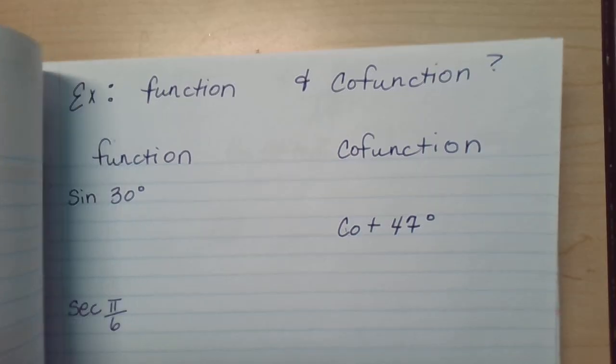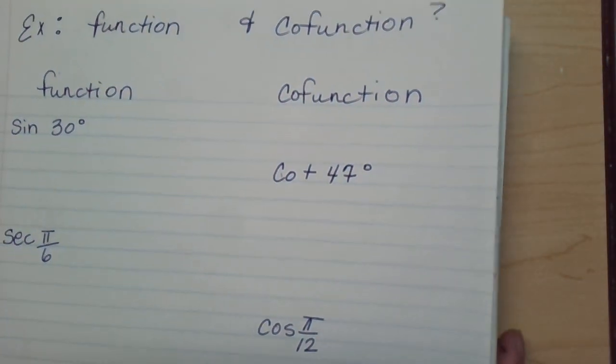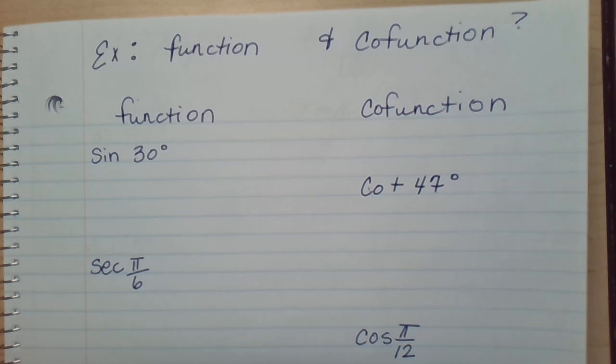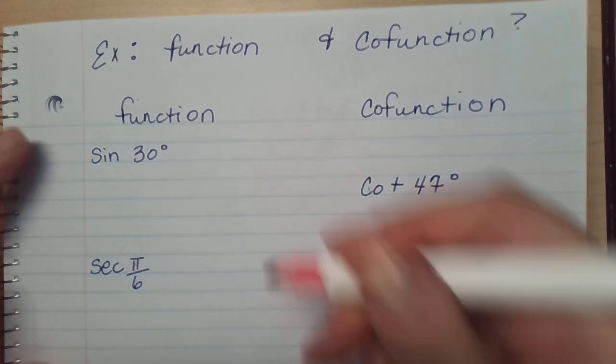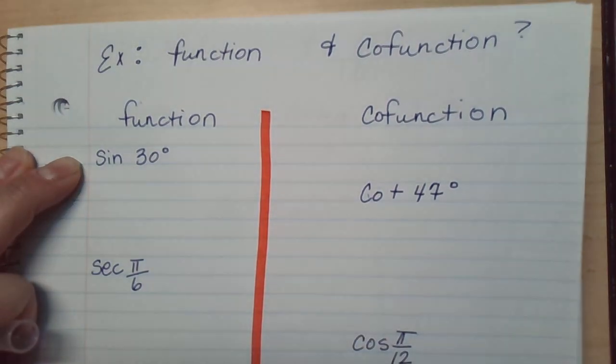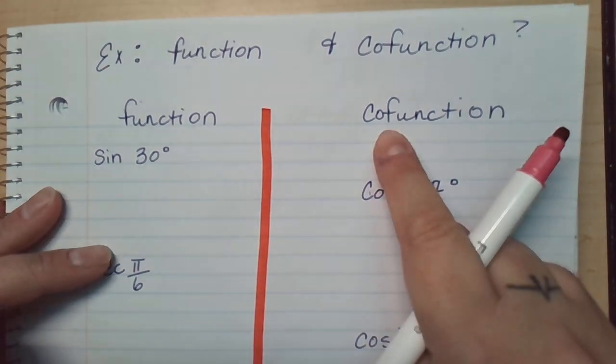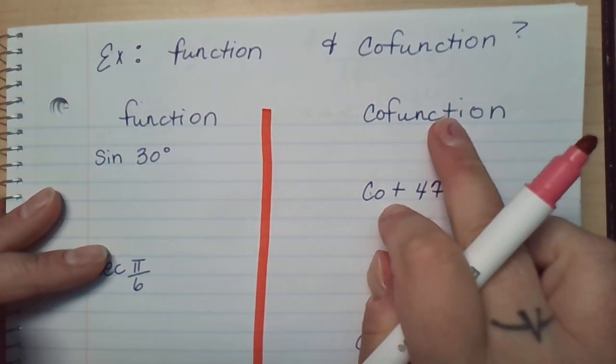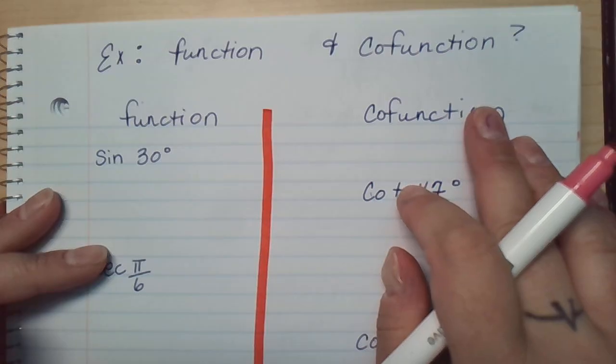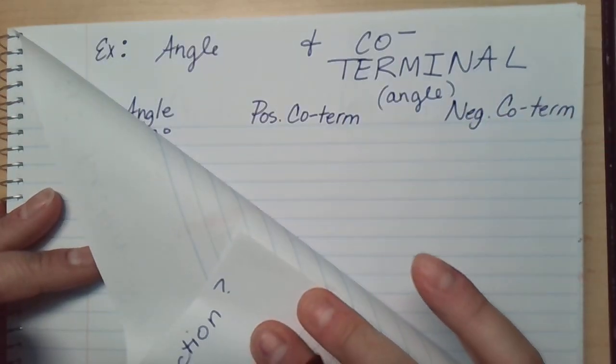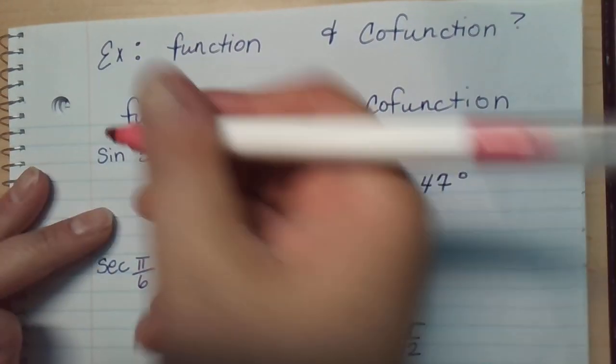Let's go ahead and go to something called cofunction. We have these things called functions and cofunctions, and it's very easy to get the word cofunction confused with reciprocal and what's another one? Coterminal.